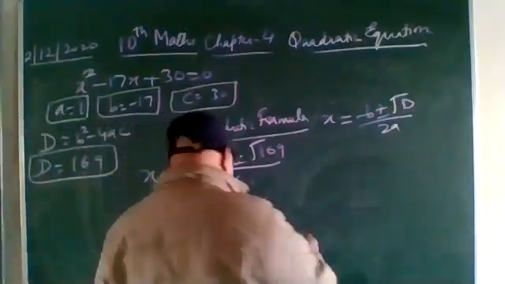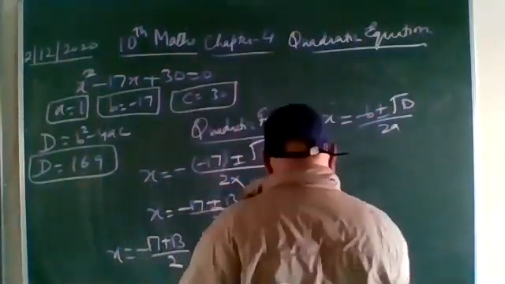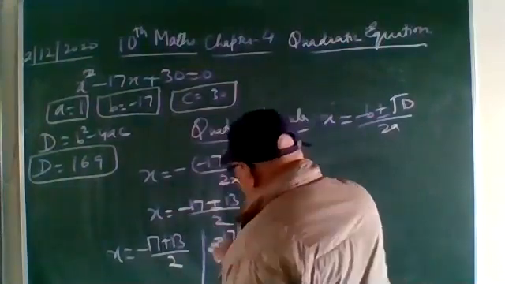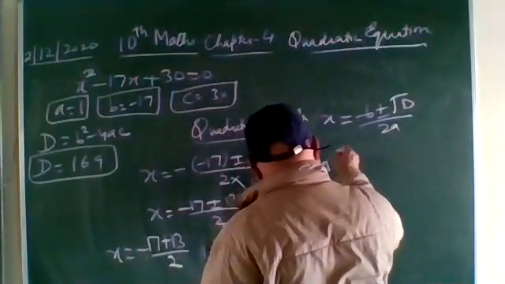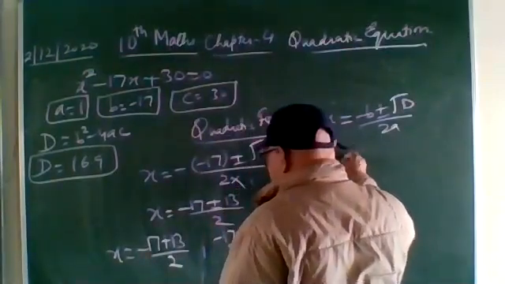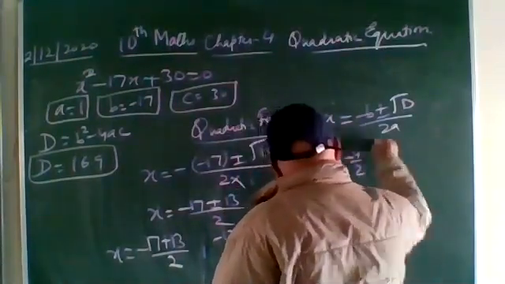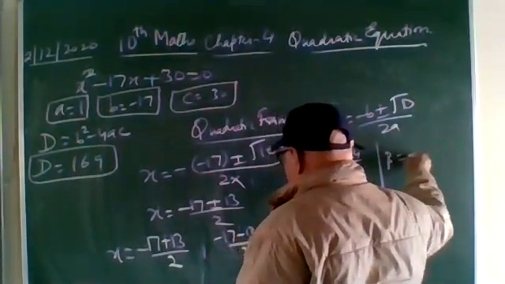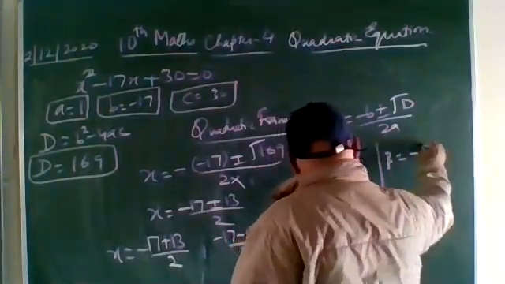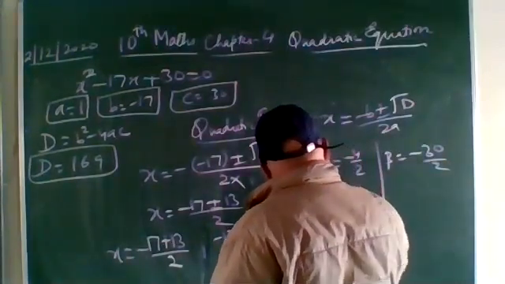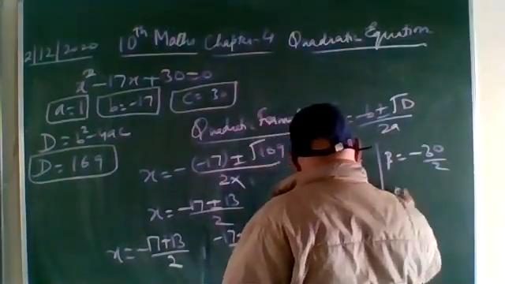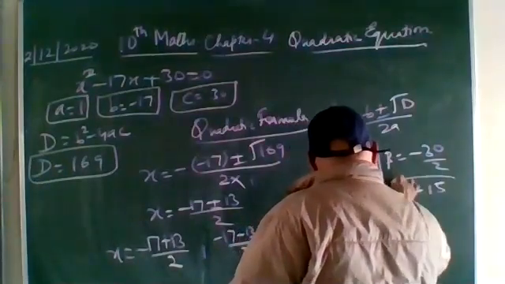So you will say alpha is 4 upon 2, that is 2, and beta is 30 upon 2, that is 15.